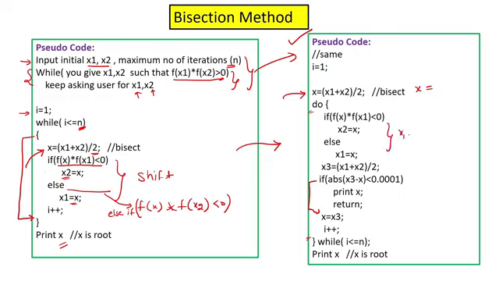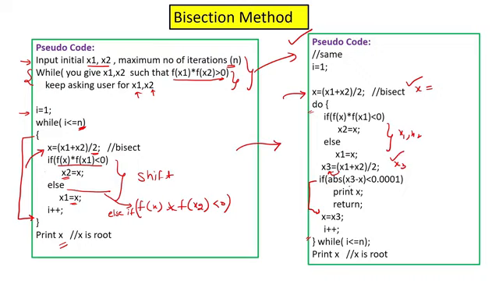Either x1 or x2 will get shifted as earlier. Again we are finding the bisector point from the changed x1 and x2. So we will get a new x, and here I have saved it into x3, not in x. So now I have x3 and x. This x is my previous iteration value and this x3 is my current value for the newer iteration.